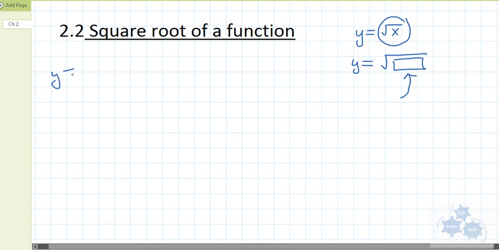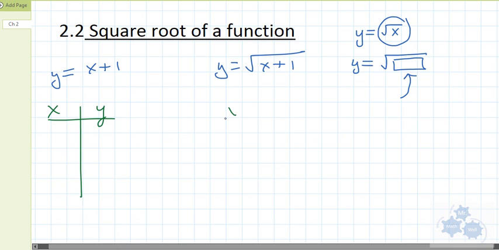So this is very similar to 2.1. Let's say we have an equation y equals x plus 1, and we have another graph y equals square root of x plus 1. I'm going to do a little table of values here. Yes, we'll graph them a little bit later, but let's just explore this. I'm going to pick x values that are fairly friendly.